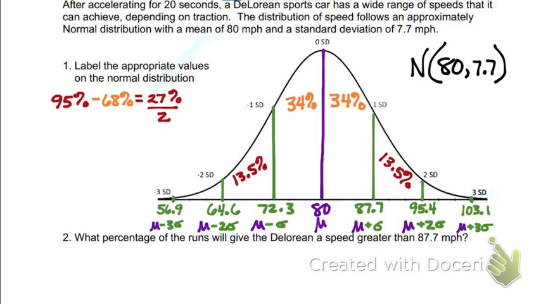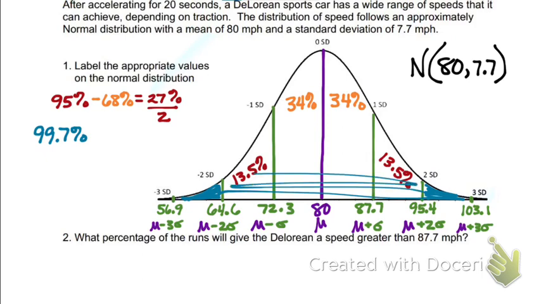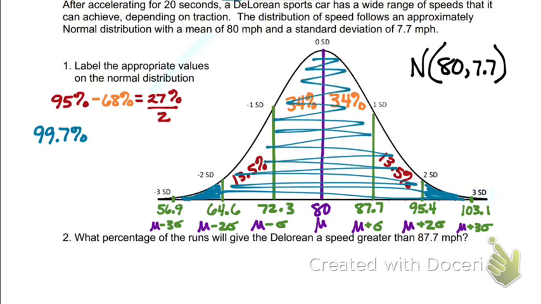If I go out 3 standard deviations, how much area is that? What is my percentage? 99.7%. I'm trying to figure out what is the amount between 2 and 3 standard deviations on either side. I'm trying to figure out what values to put in here. 99.7 goes from one end and includes all this.